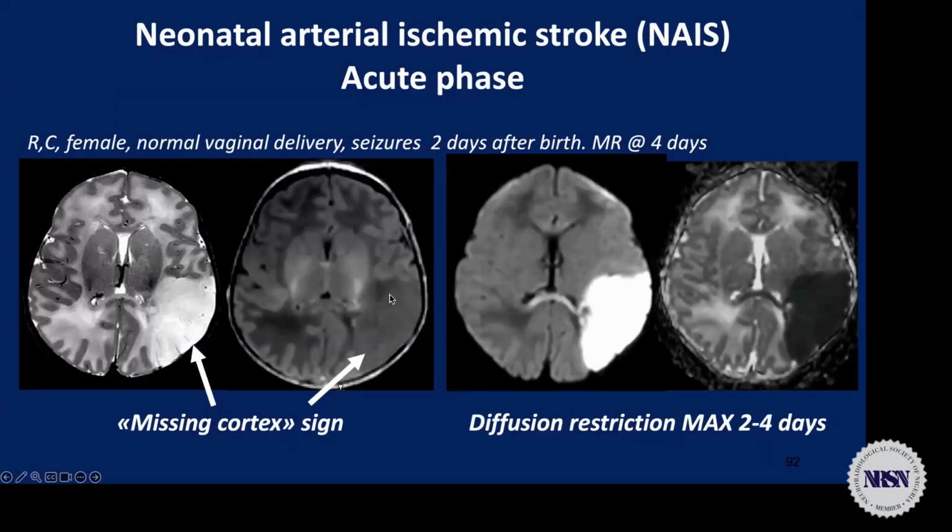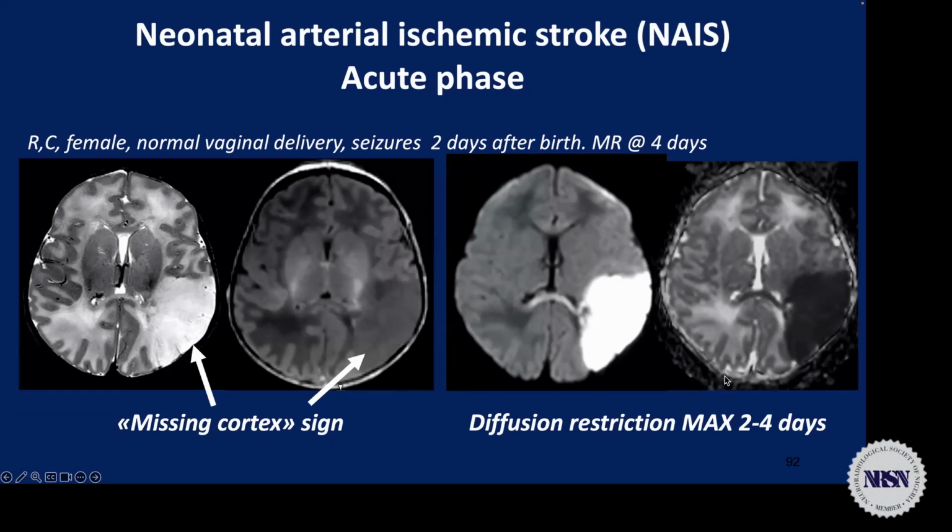We have this sign. This is the area of stroke, and we have the sign of missing cortex. Where is the cortex? Of course, there is an edema, cortical edema, so bright, hyperintense, and this confounds the gray matter with the subcortical white matter.